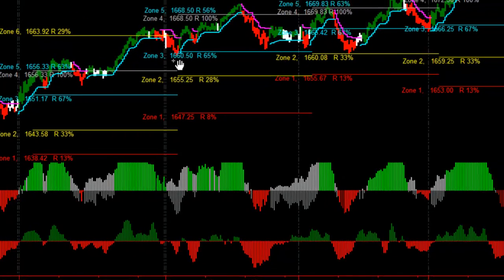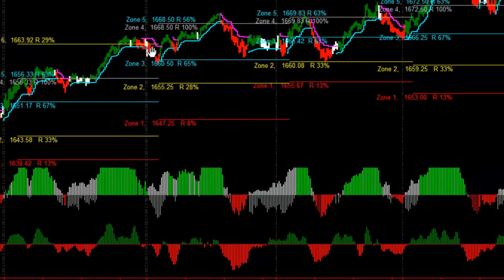If we look at the next day, we see that we opened in zone 4, 100%. And when we open in zone 4, we see these other numbers here. Okay, there's a 65% chance that it's going to get down here.